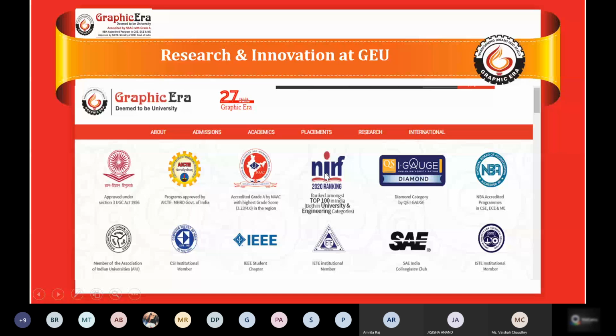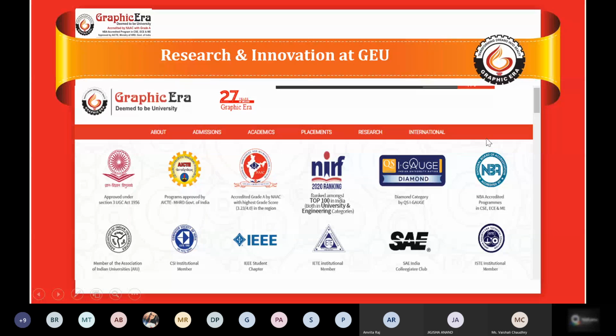Then we have a QS I-Gauge Diamond rating. We have different programs which are NBA, National Board of Accreditation, graded programs. So this is one of the very important achievements of the university, and which gives you an idea and makes you proud that okay, I am in the university where the programs are NBA graded.